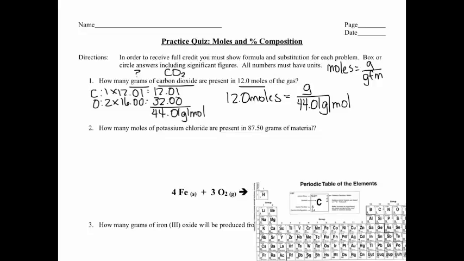Most of my students like to make this into a proportion, so over 1. And then what you really only need to do is multiply this times this, because when you multiply G times 1, you're just going to get G. And your answer is 528.12 grams of carbon dioxide.